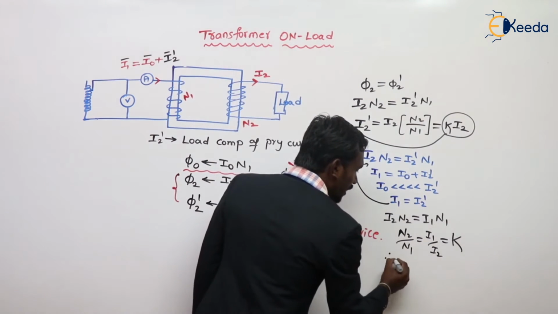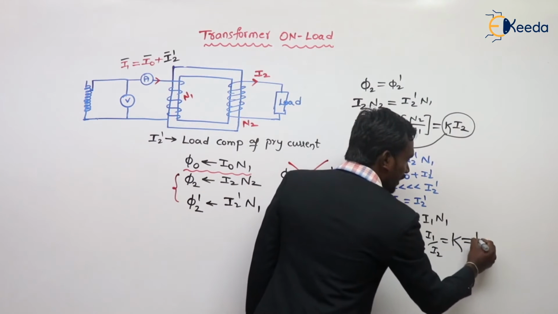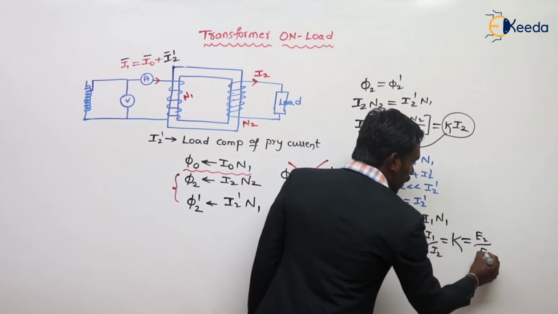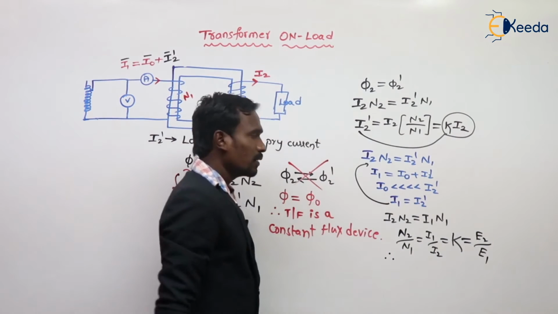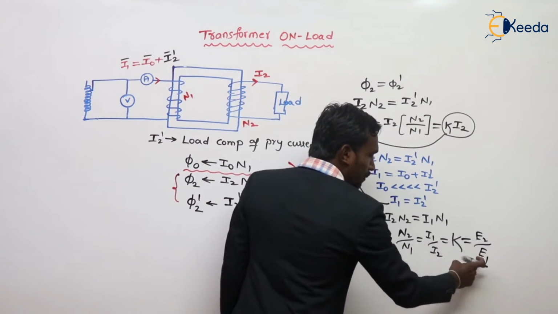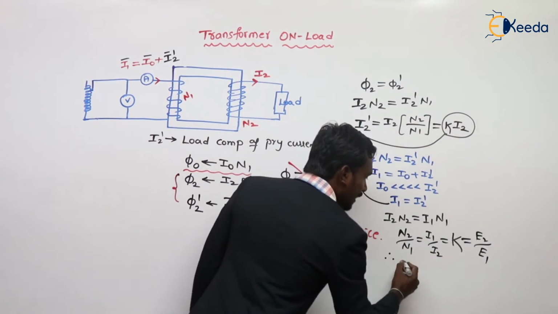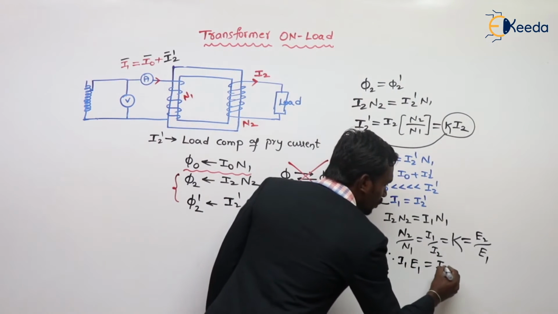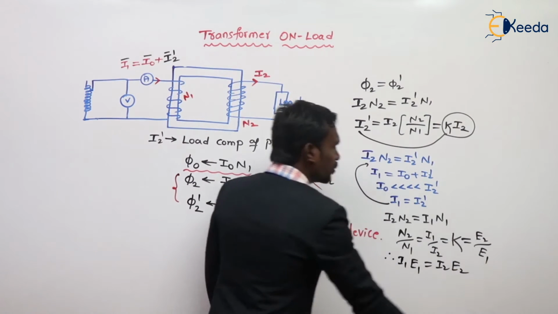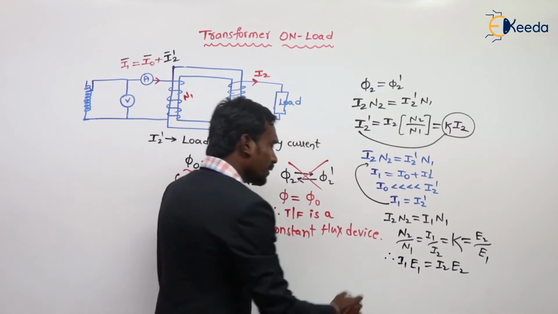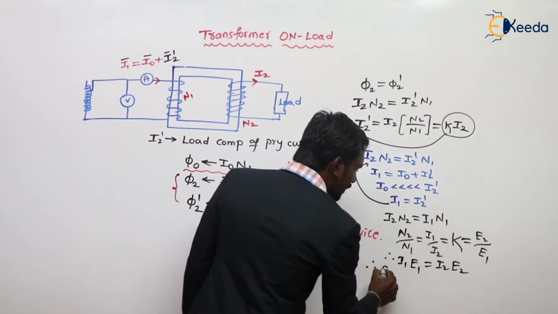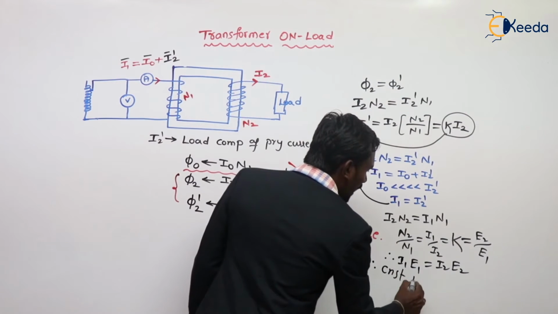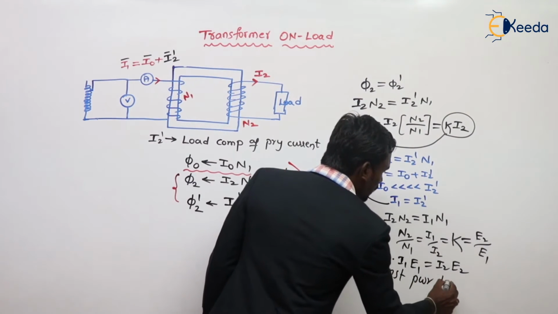Therefore, the transformation ratio is equal to E2 upon E1. From these two, cross multiply: I1 E1 is equal to I2 E2. Therefore, the transformer is a constant power device.